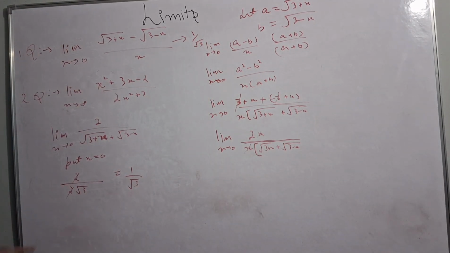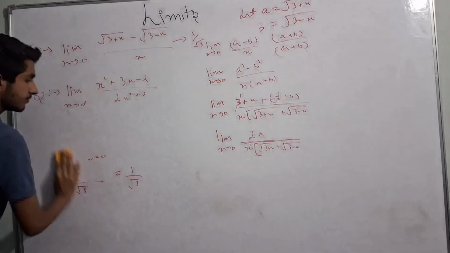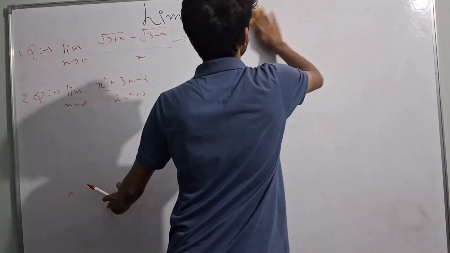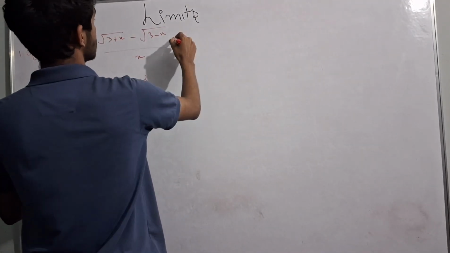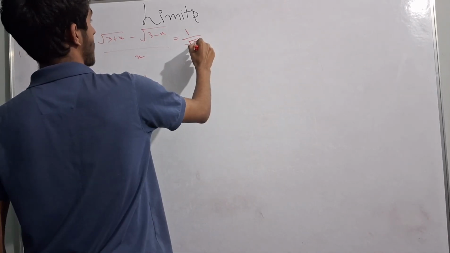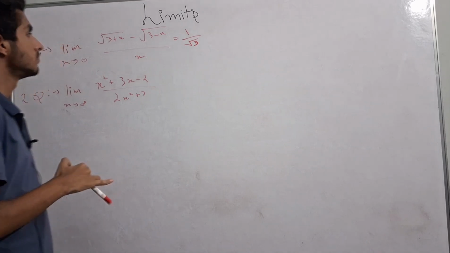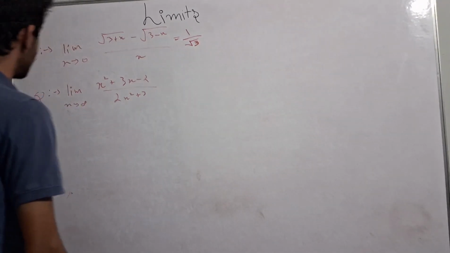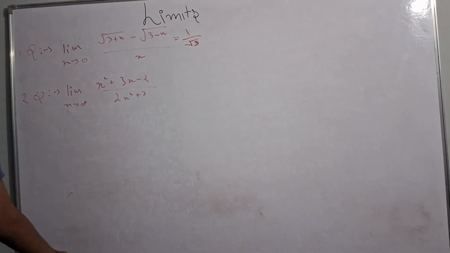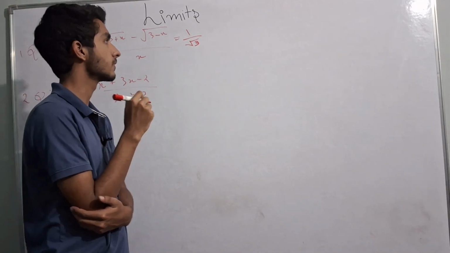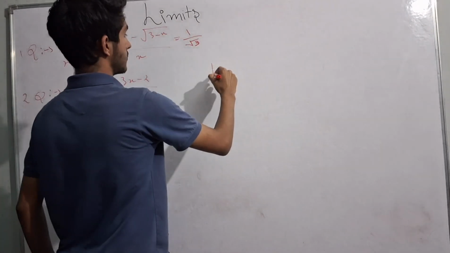So yeah, I'll do the second question now. Here, if I put the value of x is infinity, I get again infinity by infinity, which is an indeterminate form. So I'll simply write down the equation again.